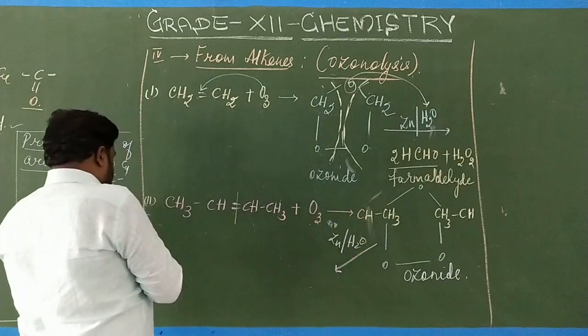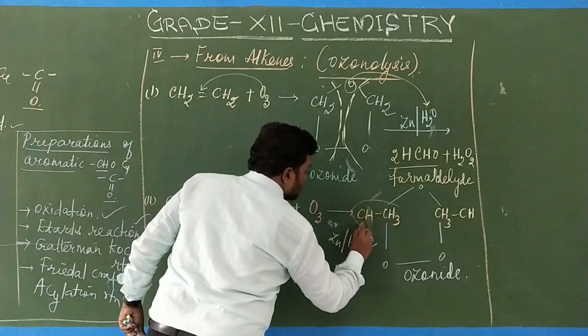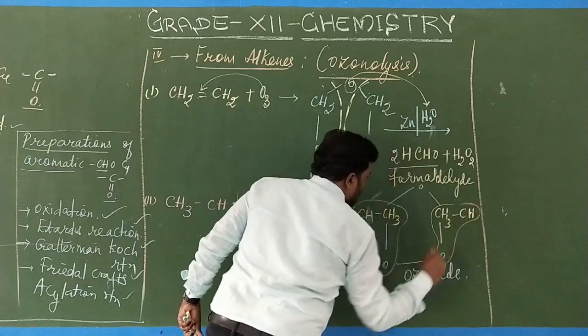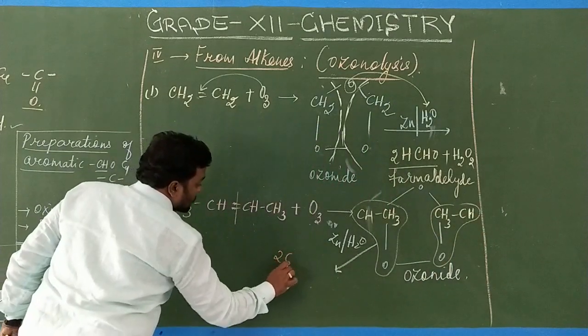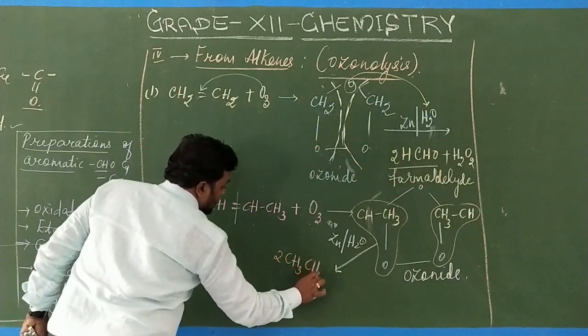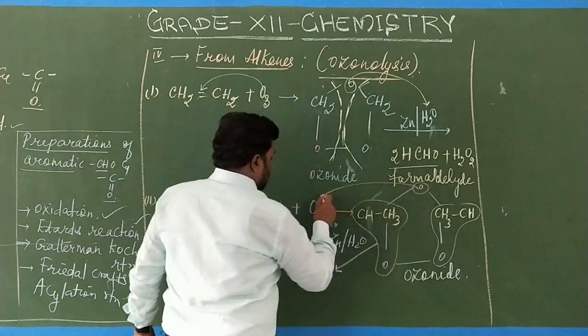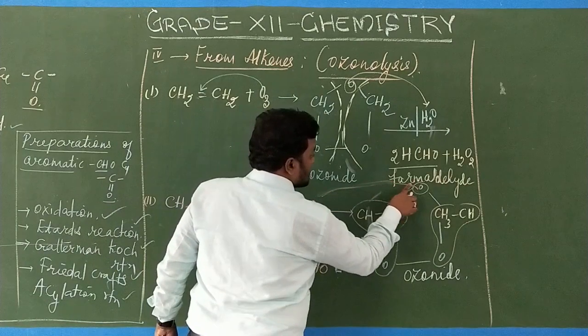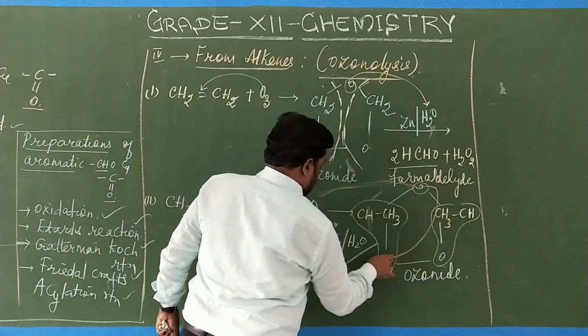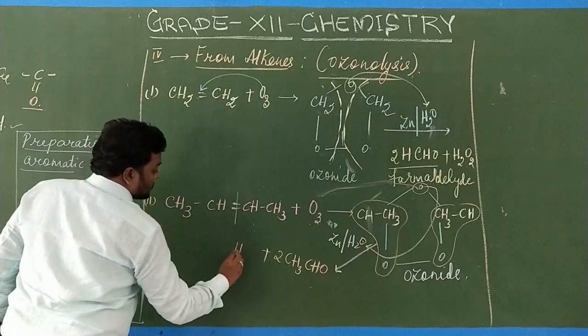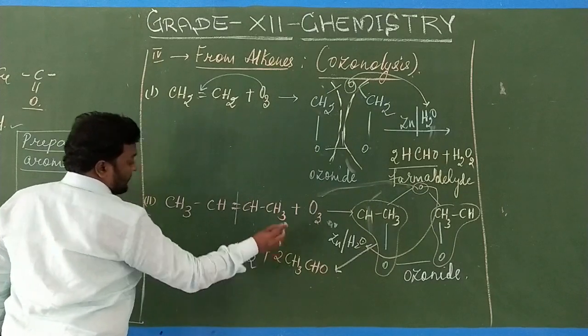You will get CH3CHO, similarly CH3CHO, two times CH3CHO, that is acetaldehyde, and this oxygen combines with this water, and as a result it gives rise to the formation of H2O2.